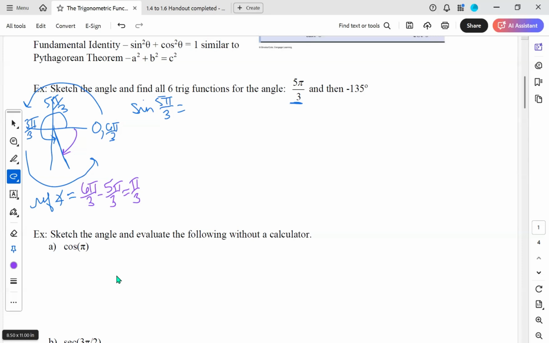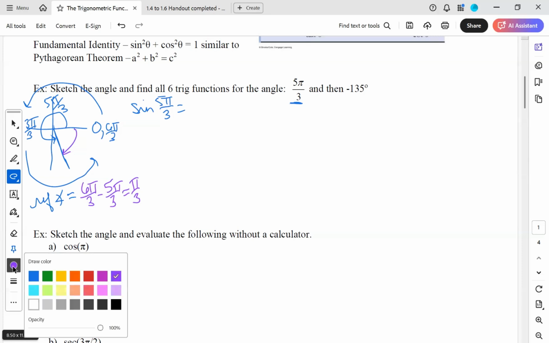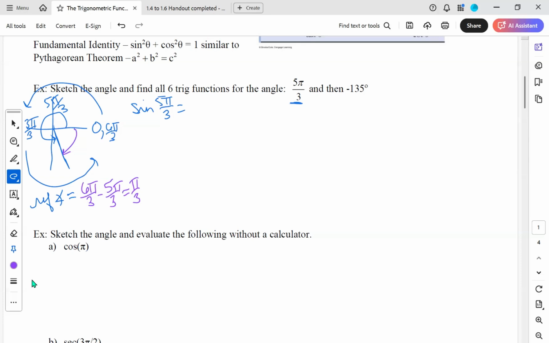And I actually use my left hand, y'all. Okay, all right. So my reference angle is pi over 3. So I'm going to do the sine of pi over 3, which is going to be square root of 3 over 2.